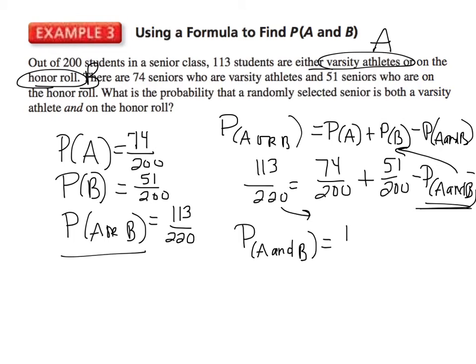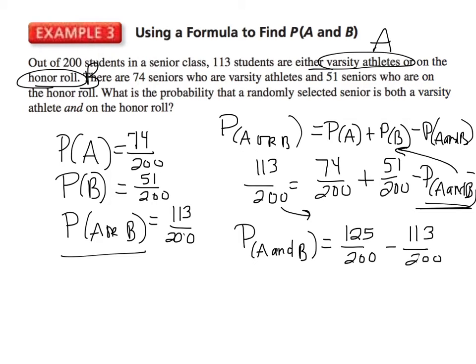That gives me 125 200ths. Minus the 113, I'm sorry, should be 200ths, not 220ths. I just realized this the whole time. This should be 200. Let's fix my mistake. We all make mistakes.